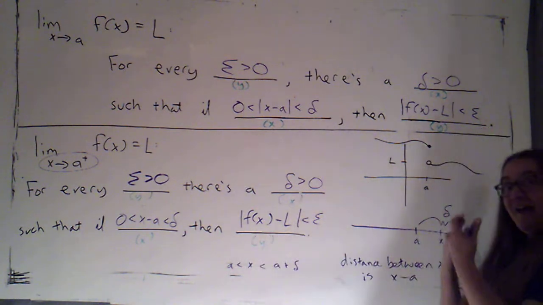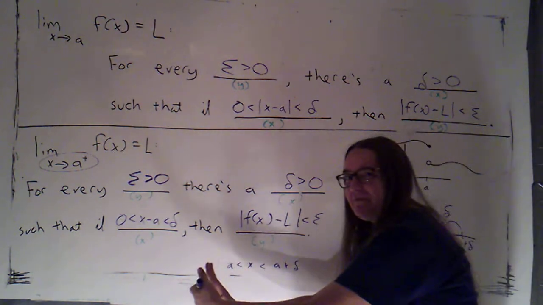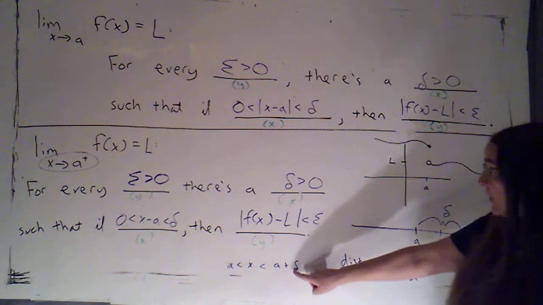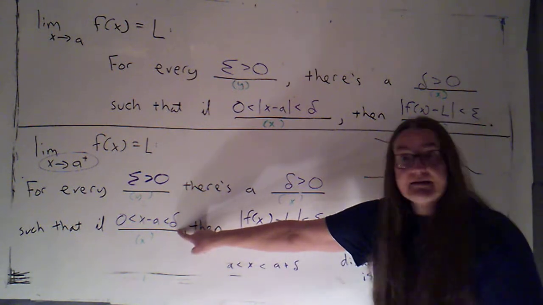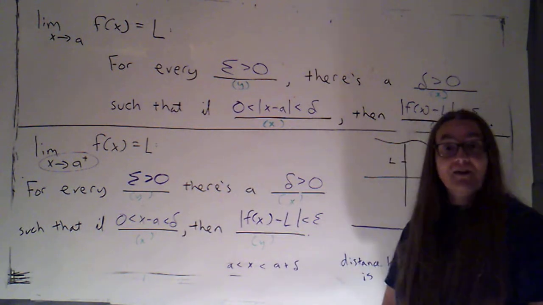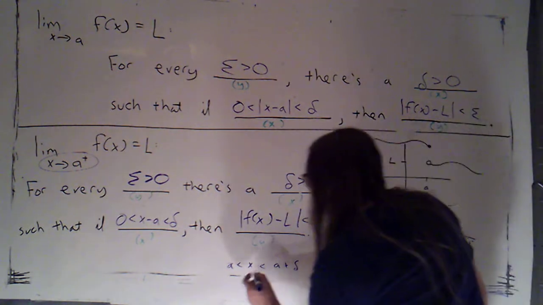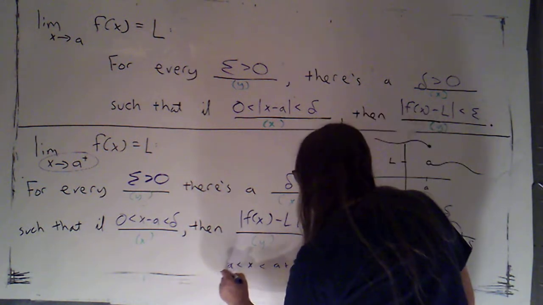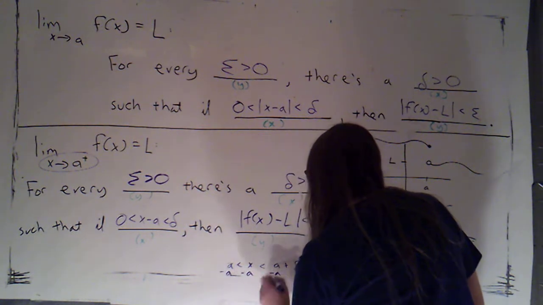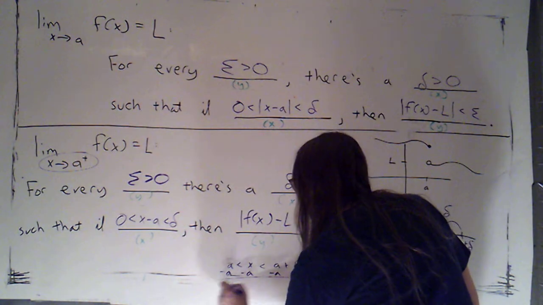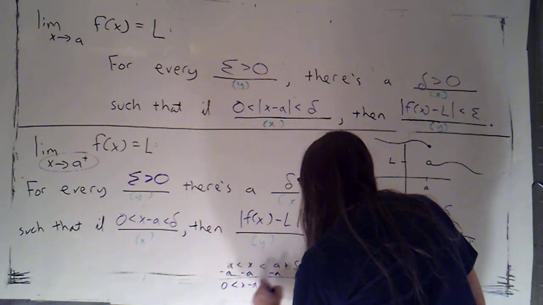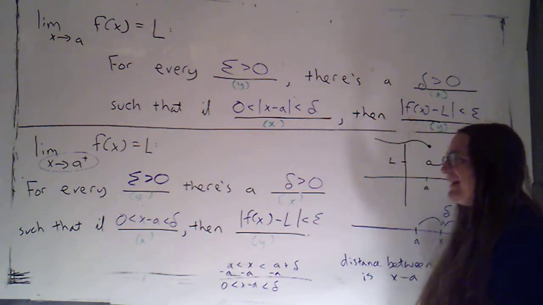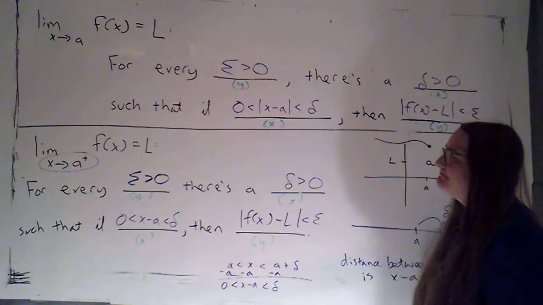So it's to the right of a, but it's to the left of a plus delta so that it hasn't gone too far away. Now, if you wanted to use this inequality here instead of this one, it's totally fine because they're equivalent. Notice if I just subtract a from each one of these pieces, what I get is 0 is less than x minus a is less than delta. So they're equivalent ways of writing the same thing. Excellent.